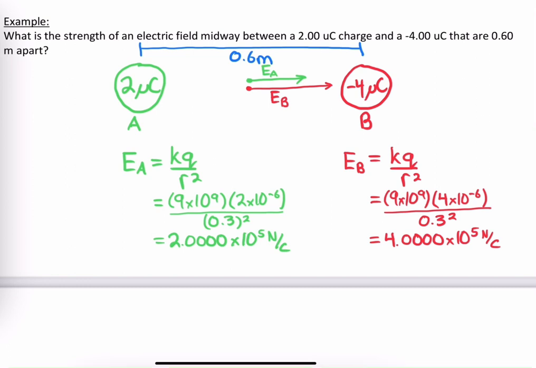So I have found the strength of the part of the electric field caused by the green charge, and the strength of the part coming from the red charge. But I am being asked not for the two parts, but just the strength of the electric field, which means I need to combine those two together.